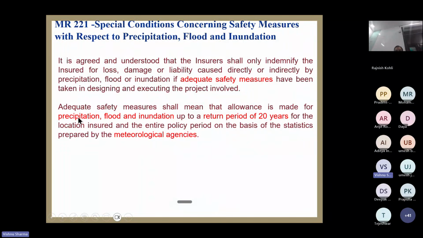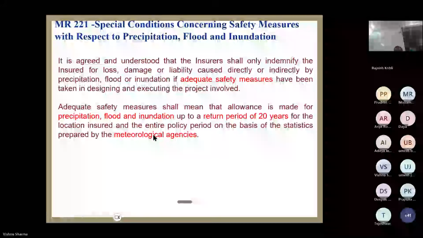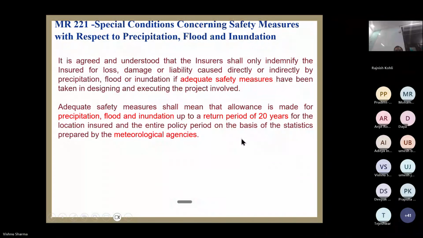It means the necessary allowance for a return period of 20 years is made in respect of precipitation, loss due to precipitation, flood and inundation. Okay. So on the basis of statistics prepared by the Meteorological Department.